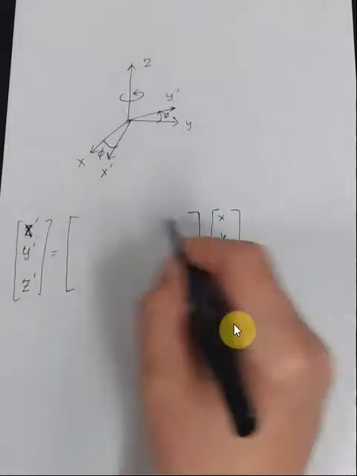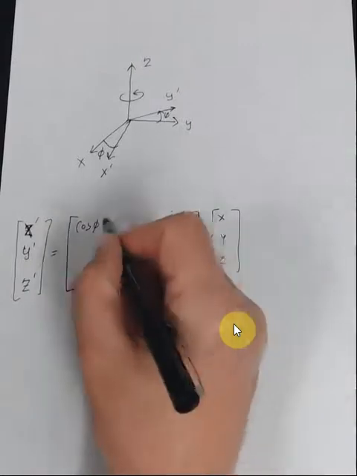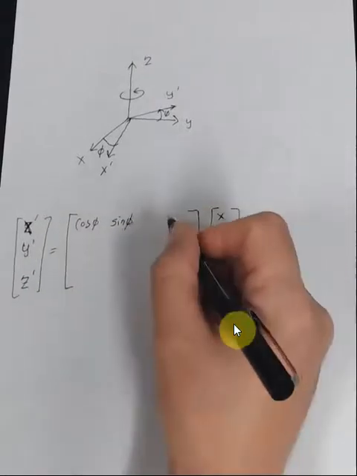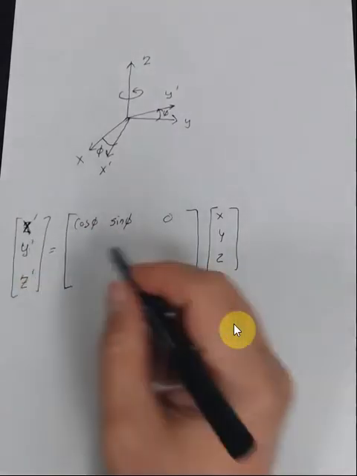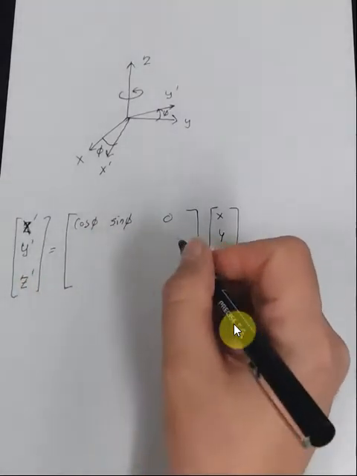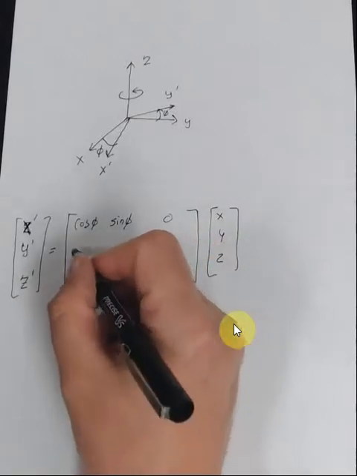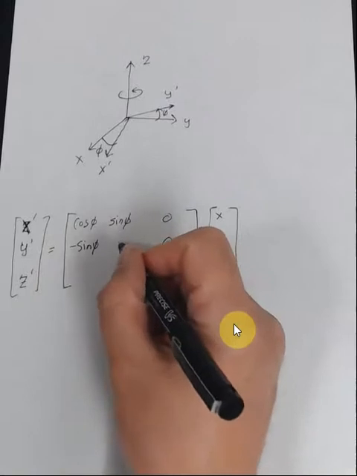So your new x will become cosine of phi x times sine phi y, and z doesn't change. Z doesn't play a role in your new x, just like in y it doesn't either. Y then will be negative sine phi cosine phi.